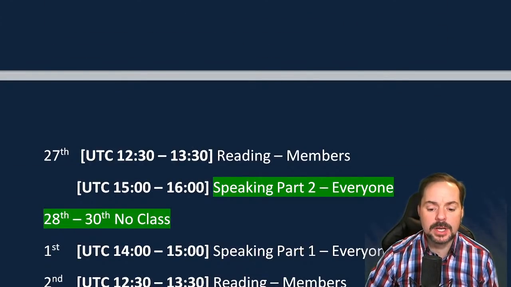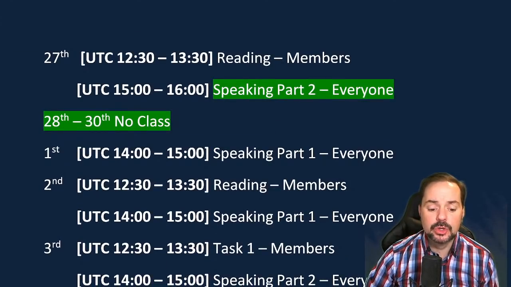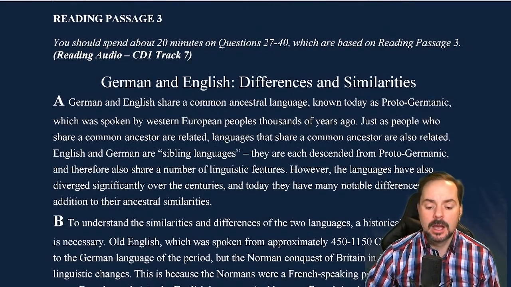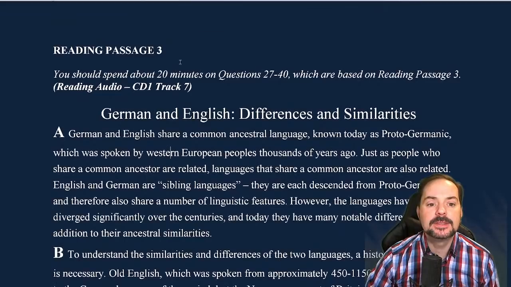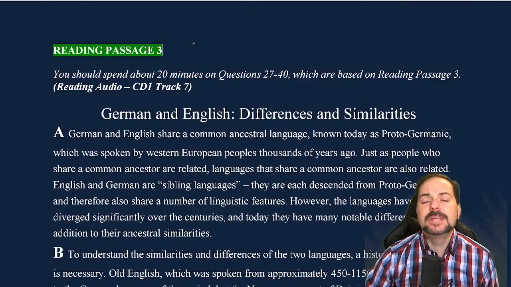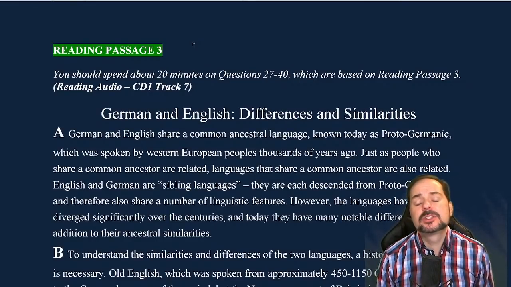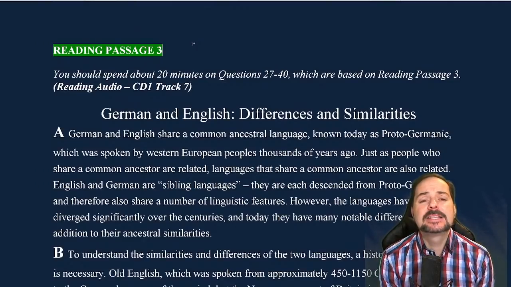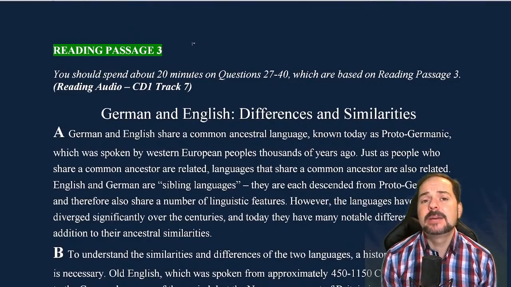Without further ado, let's get into our reading session for the day. This is coming from our new set of exams that we're publishing, and this is reading passage 3. Technically, reading passage 3 is supposed to be the most challenging passage in the academic IELTS exam.